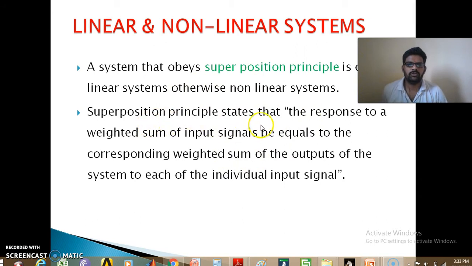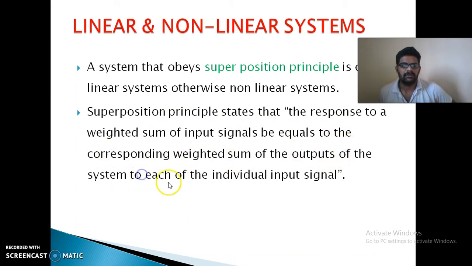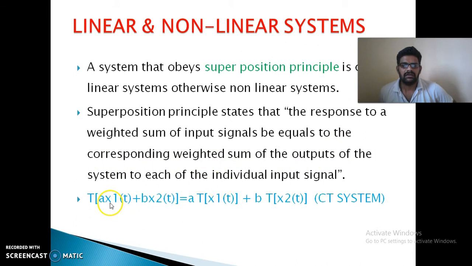The superposition principle states that the response of a weighted sum of input signals must be equal to the corresponding weighted sum of the outputs of the system. That is, with a x1 of t and b x2 of t as scaled inputs, if you combinedly apply them as an input, the output is equal to the sum of the individual outputs. Such a system is called a linear system.